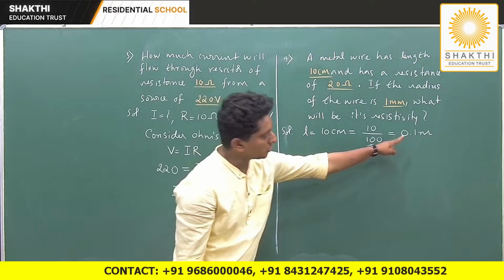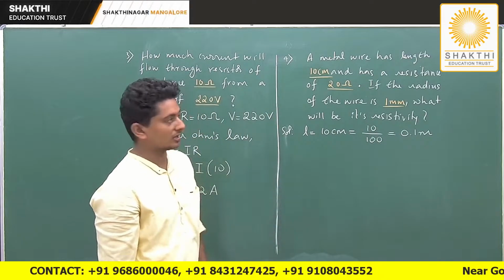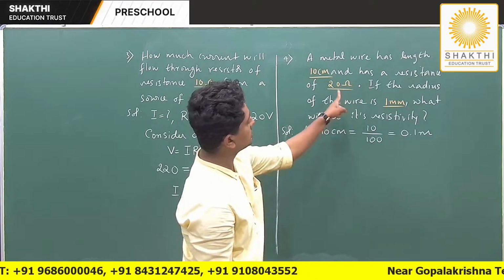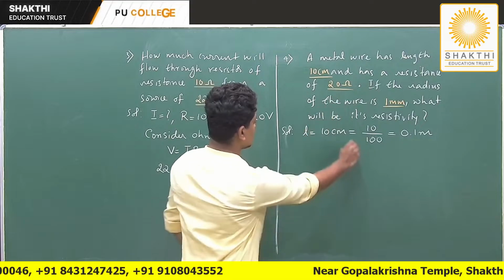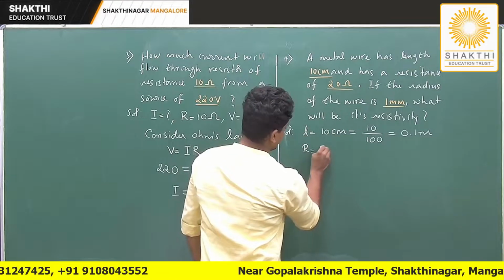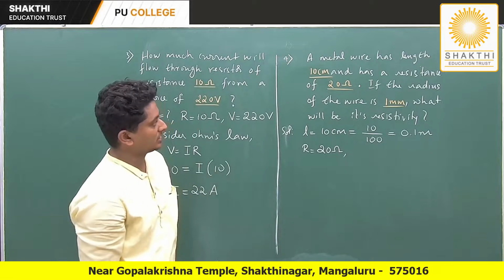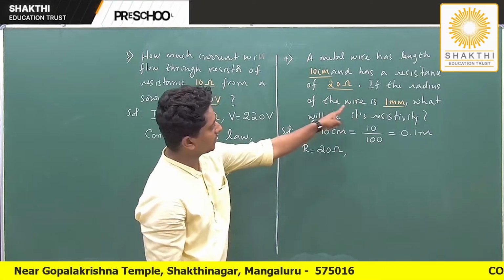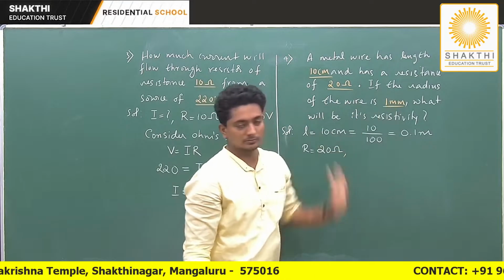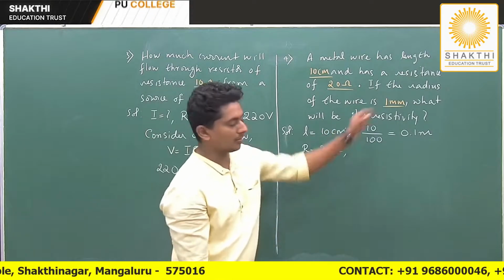So always make sure that they are in meters. So L, I got it. Next, and has a resistance of 20 ohms. So resistance R is given 20 ohms. Done.